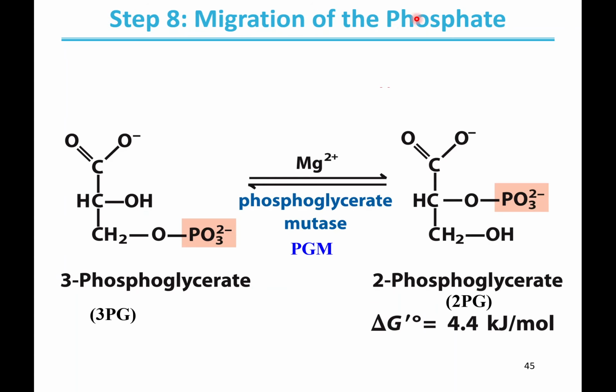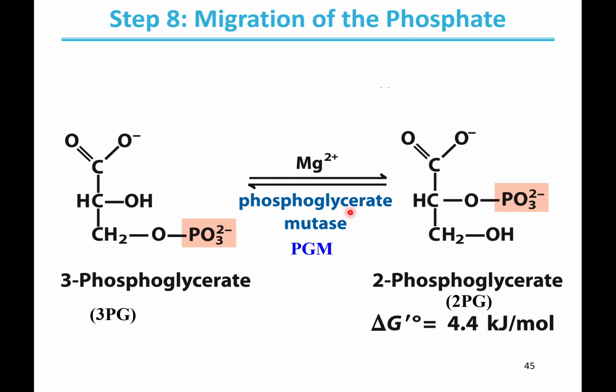Okay, step 8. Step 8 is the migration of a phosphate. So we have 3-phosphoglycerate, 3-PG, and that phosphate group you can think of just moves from carbon 3 to carbon 2. That's not actually that simple, as we'll see in the mechanism, but you can kind of think of it that way. And you produce 2-phosphoglycerate.